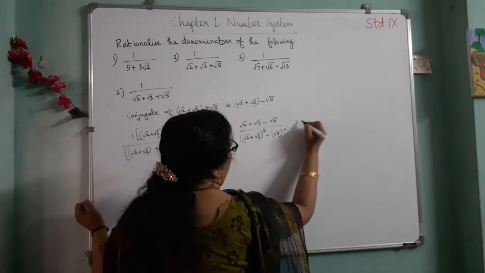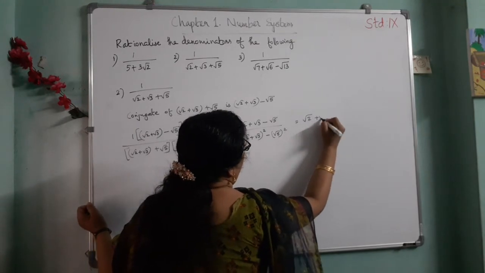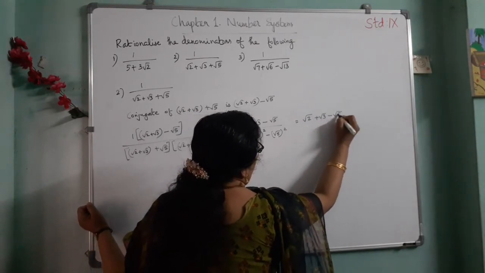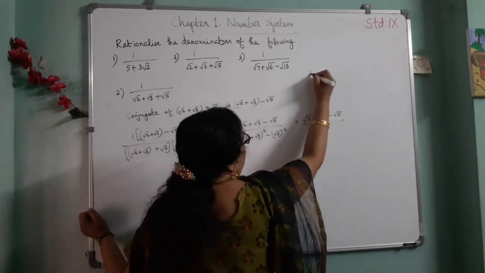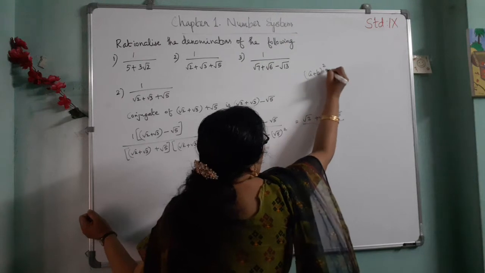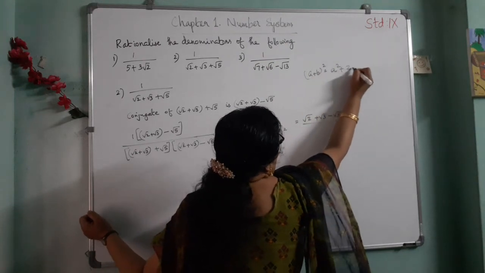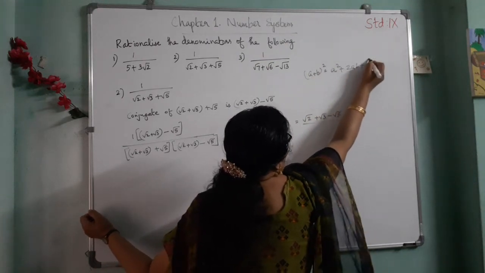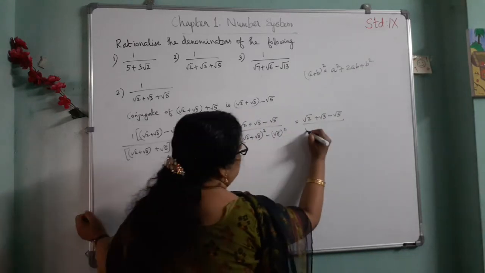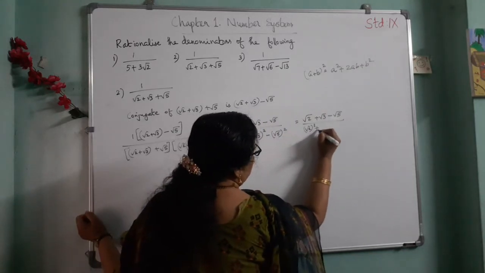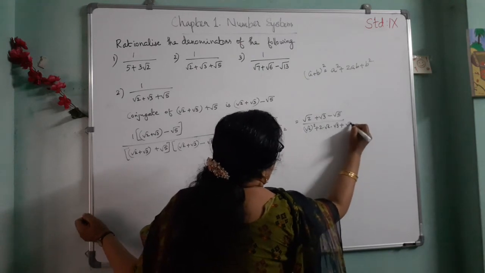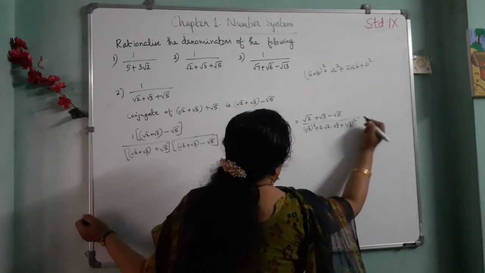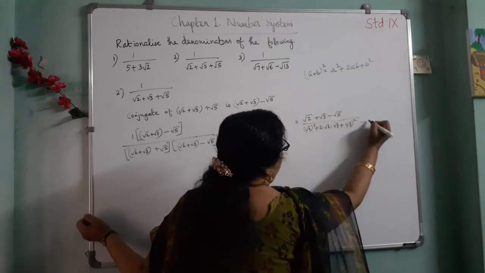Then which is equal to numerator root 2 plus root 3 minus root 5 divided by a plus b the whole square. We know that a plus b the whole square is a square plus 2ab plus b square. So here a square is root 2 square plus 2 into root 2 into root 3 plus root 3 square. Then minus root 5 square is 5.